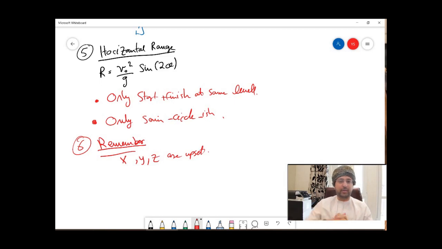If you have something in the x-axis and something in the y-axis, they do not speak to each other. If you have something at an angle of 45 degrees, you can separate it into components of x and y and then treat it as if there are two separate problems without any interaction. If we try to make them interact, we will end up with problems, and the solution will be wrong.